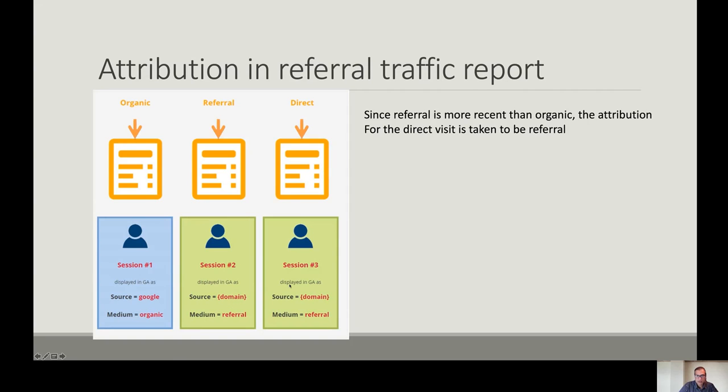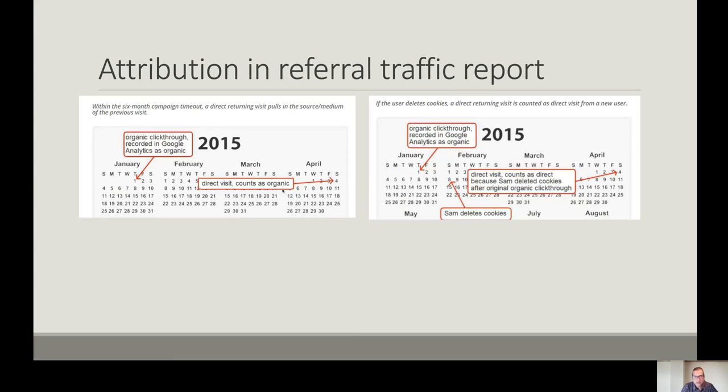Now, session number 3 might be a direct visit, but once again, the benefit would be attributed to the website that referred the user in the previous visit, because it is this previous visit that is somehow responsible for the user coming in through the direct visit the next time, right? But then you might ask how direct visits would be counted at all. Because if the first time the user comes in is through a direct visit, then it's fine.